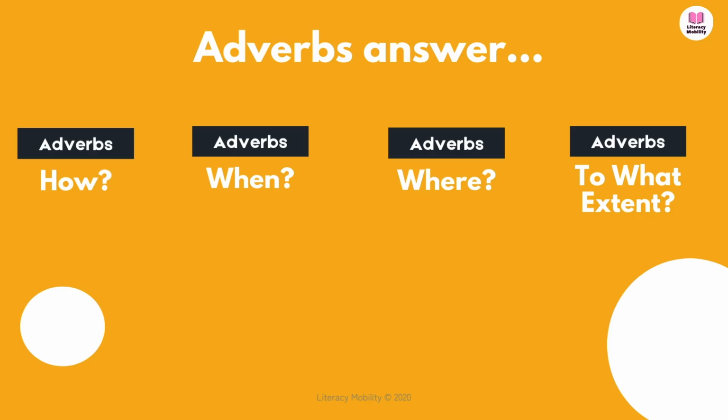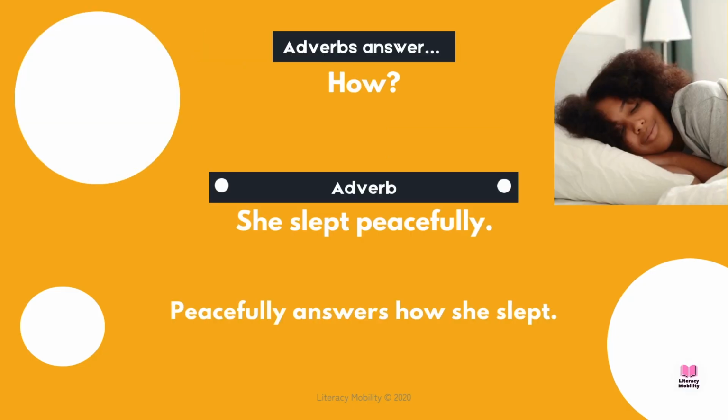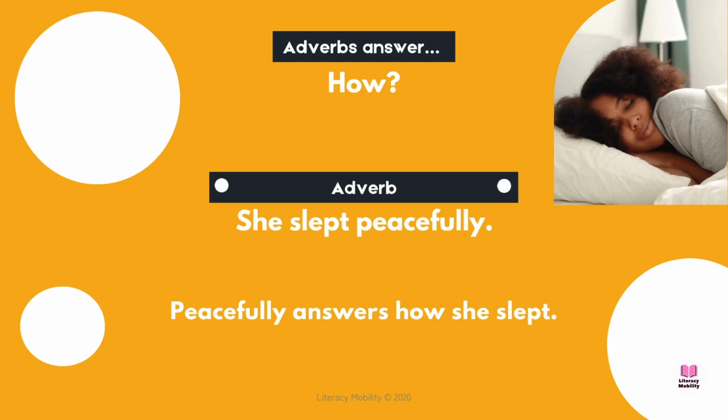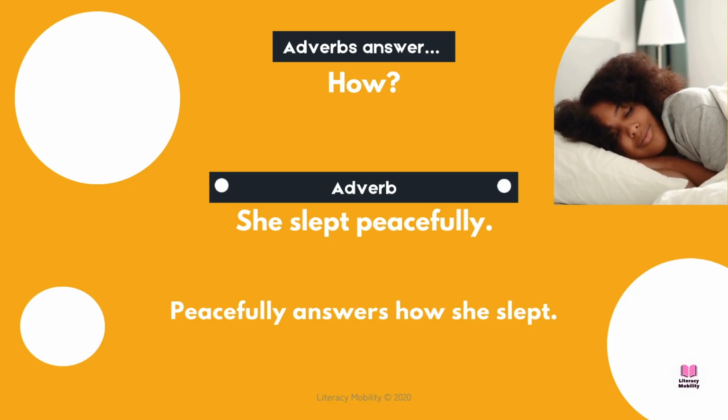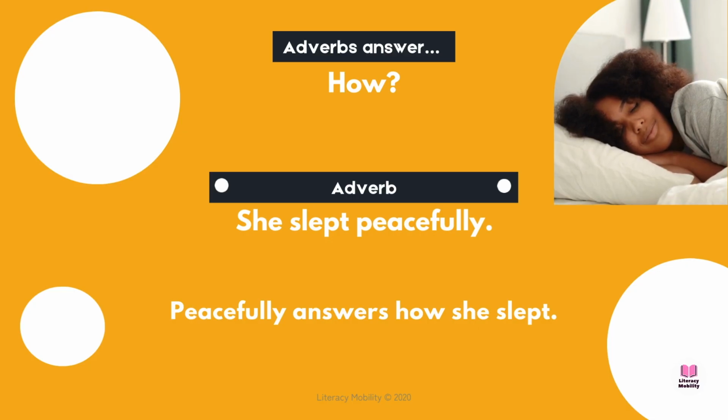Adverbs tend to answer how, when, where, and to what extent. So here's an example of an adverb answering how. She slept peacefully. Peacefully answers how she slept.